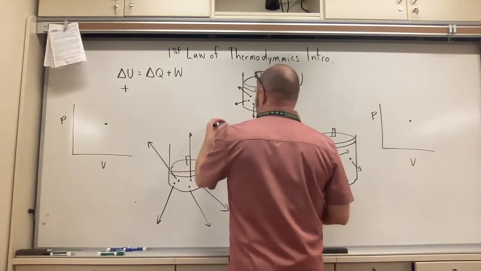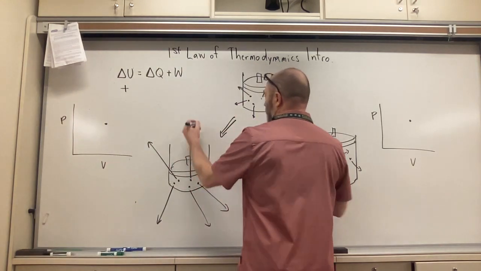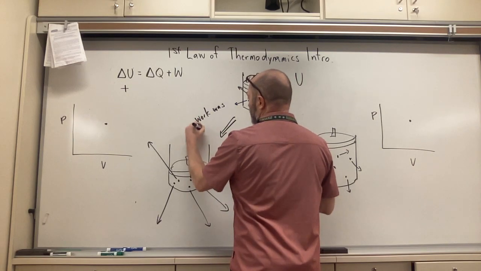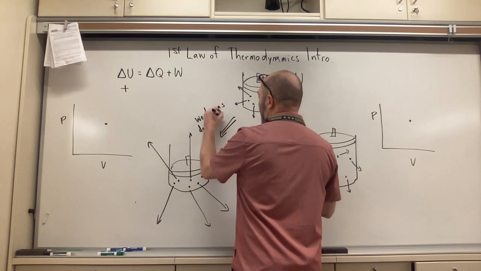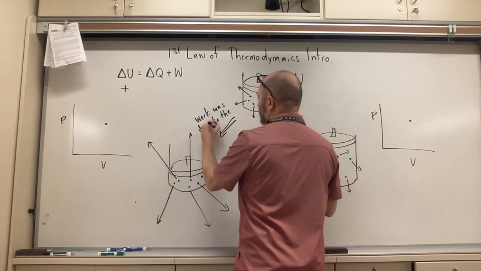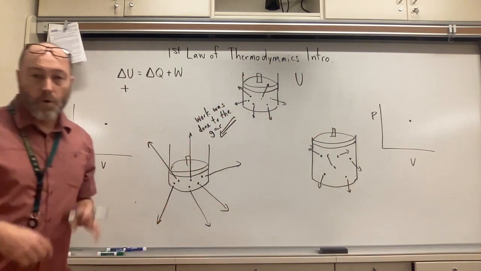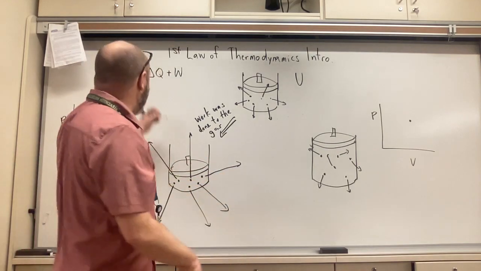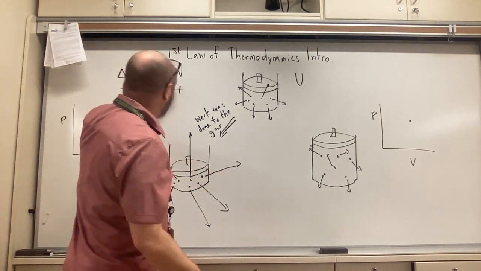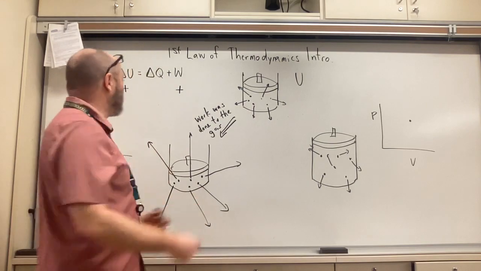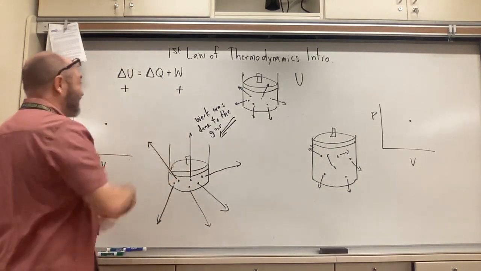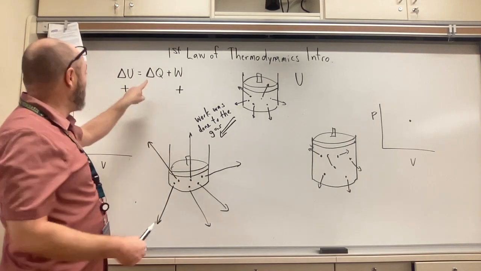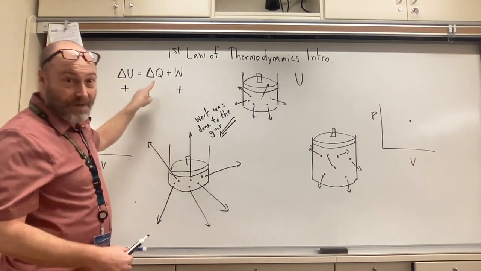Well, if this happened, going from there to there, work was done to the gas. And again, the wording is very important. If work was done to the gas, that means we added energy to the gas, which means that the work was positive. And if this is positive and this is positive, that could be zero, positive, or negative.